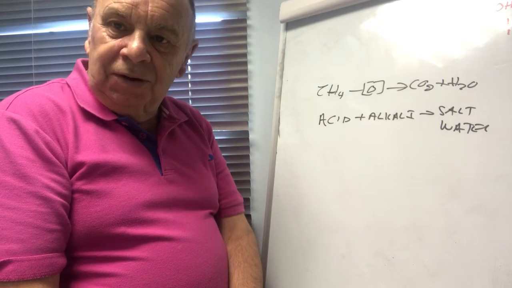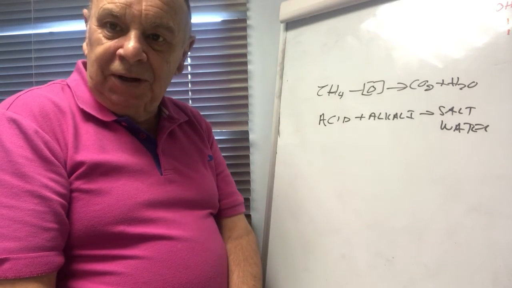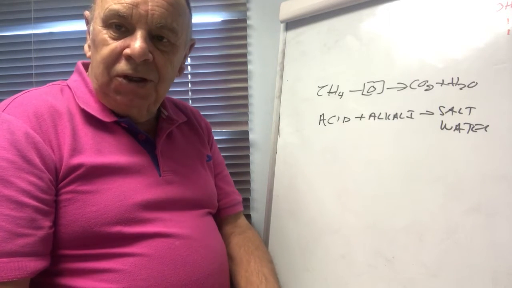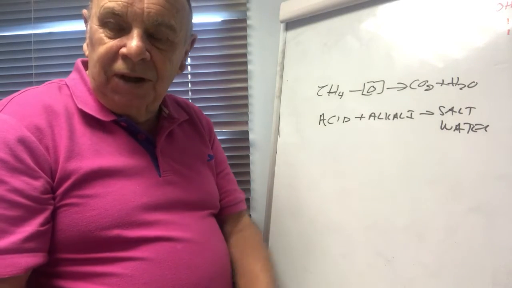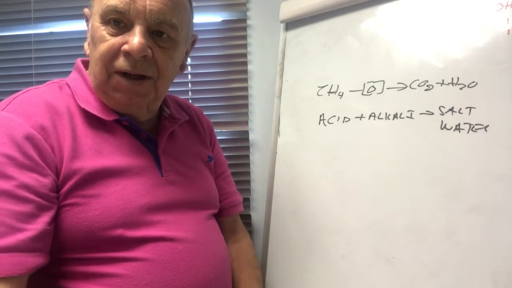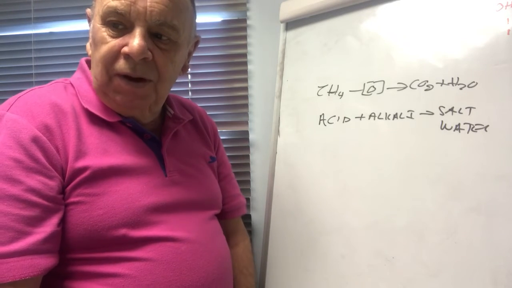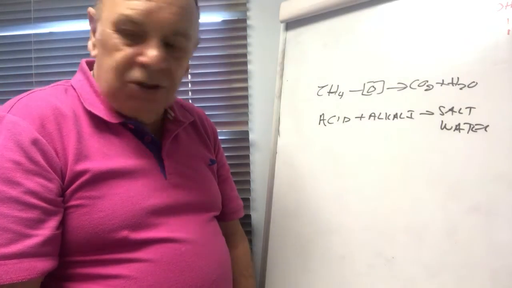That's an example of an endothermic reaction, as opposed to these hand warmers, chemical ones. You bend them a couple of times and they get hot, and you stick it on your hands or in your boots if you're hiking to get warm, and that is an example of an exothermic reaction.